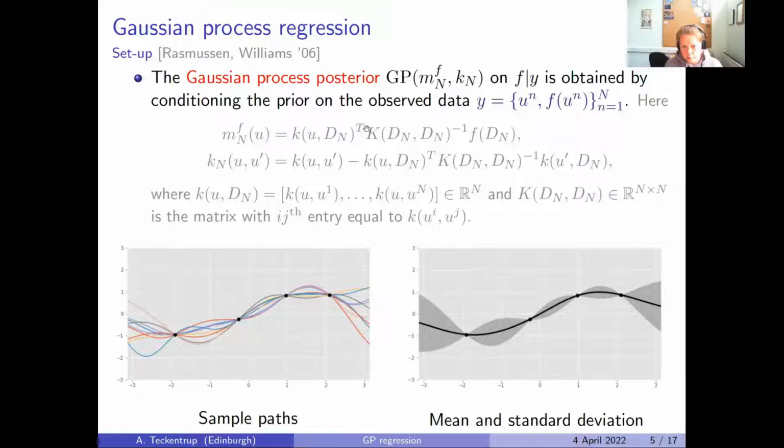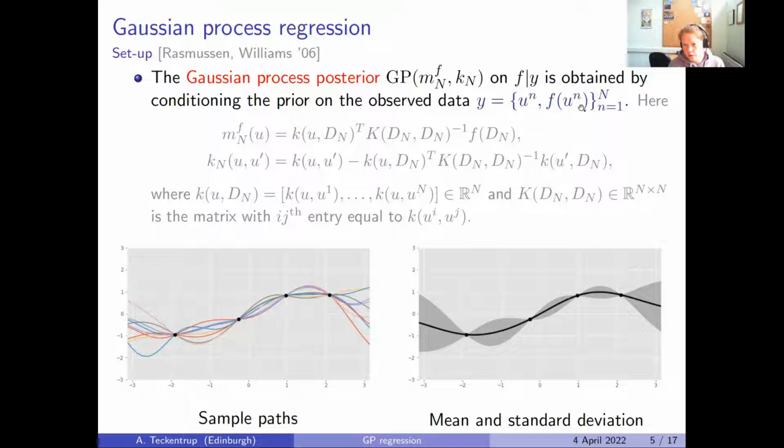Exactly what the mean and the variance are is not that important for this talk. You can write it down explicitly, and it will depend on your observed data. So here you have f of u_n, which is just the vector of function values that you have.